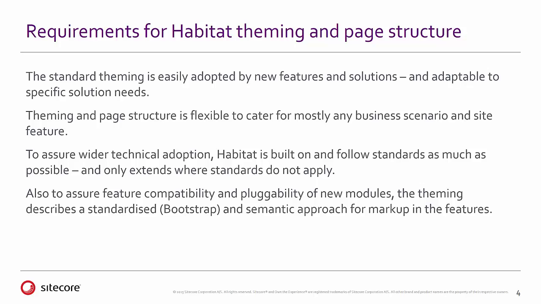So to assure that when we build new features they're compatible with the existing set of features and pluggable into the solutions, we have to have a standardized approach to how we build the different components on the pages. So this is where we've chosen Bootstrap as a standardized approach, and we adhere very strictly to the semantics of Bootstrap, which means that we cannot tailor a specific visual component on a page to that page.